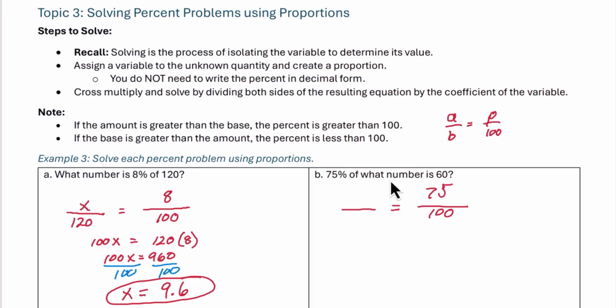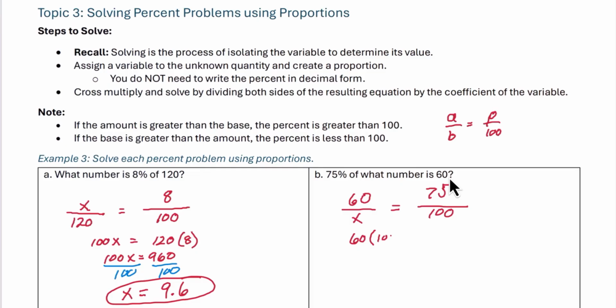That is x, the part we don't know. And then 60 is the amount. One hint if you're struggling between amount and base, typically the word of is attached to the base and is attached to the amount.